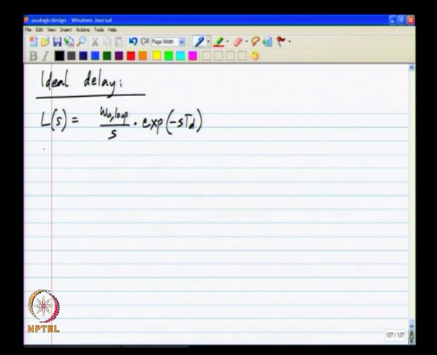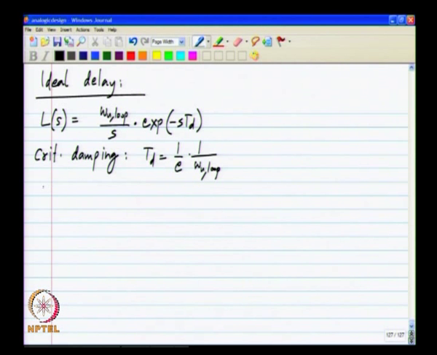And we know that the critical damping occurs for T d being 1 by E, 1 by omega u loop.